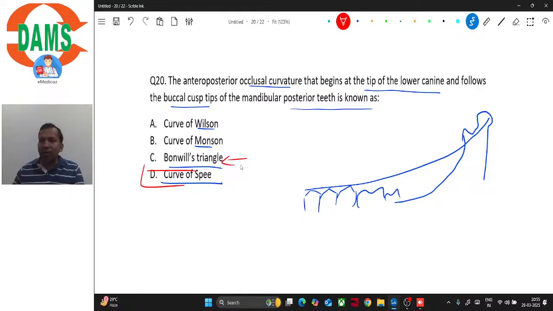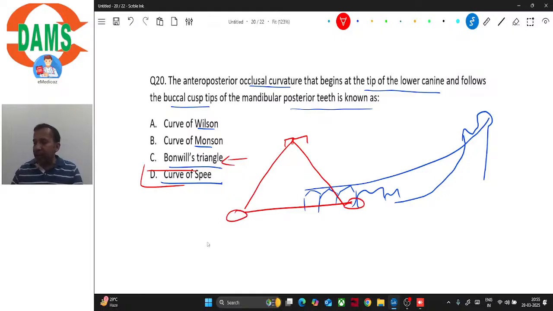So Bonwill's triangle, I think you must have read in your prostho, right? So what is Bonwill's triangle? Basically from the midpoint or from the mesial contact of lower anteriors, we make a triangle, and at one end of this triangle is the left condyle, at the other end is the right condyle, right? Condyles and the midpoint of the lower central incisors.